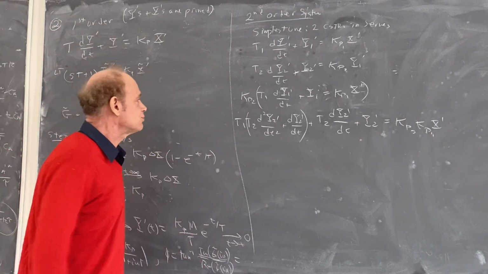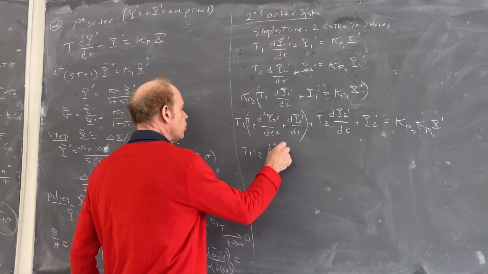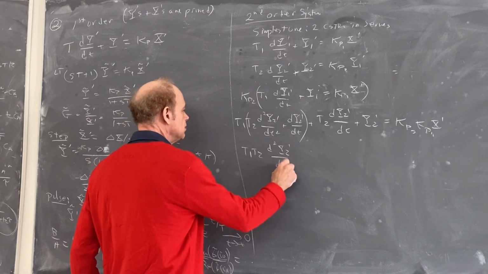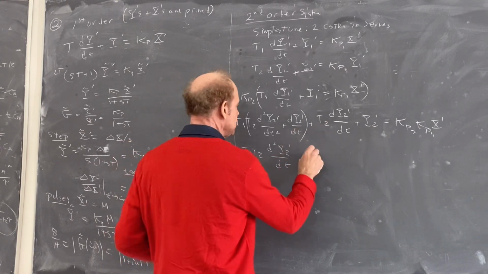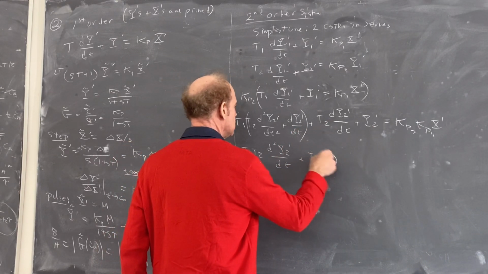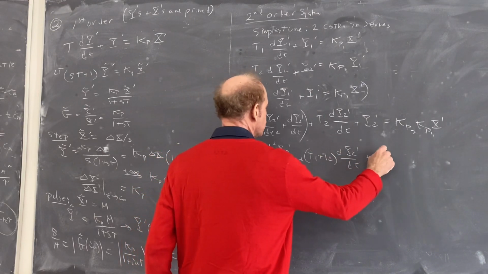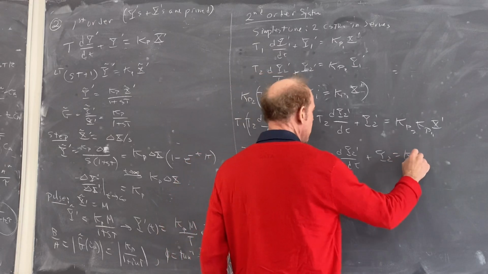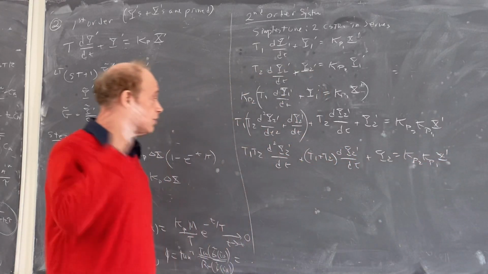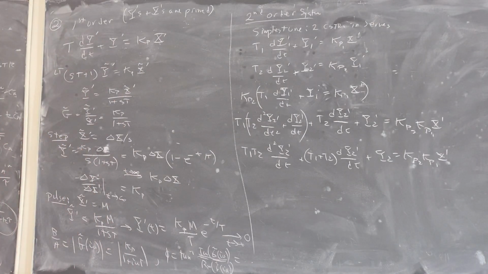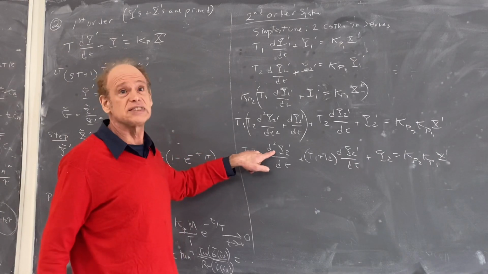So let's rewrite this. I have T1 T2 d squared y2 prime dt squared, so a second derivative, plus T1 plus T2 dy2 prime dt plus y2 is equal to Kp2 Kp1 x prime. So here we have a second order system, and now you know why I call it second order, because there's a second derivative.